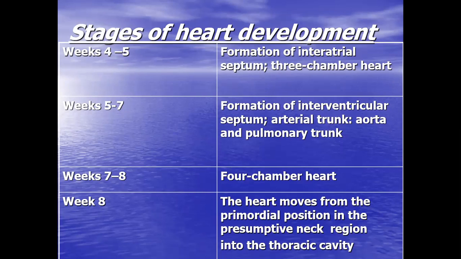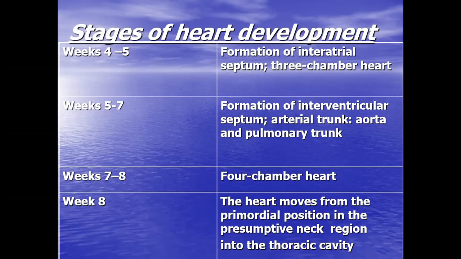And oval foramen contains the valve on its left side. Within the 5th week of embryonic development, the interventricular septum is formed, growing from the apex towards the atrium, and for sometimes the foramen between the ventricle exists.